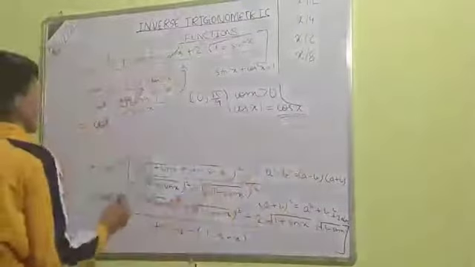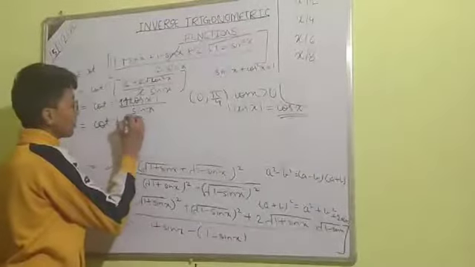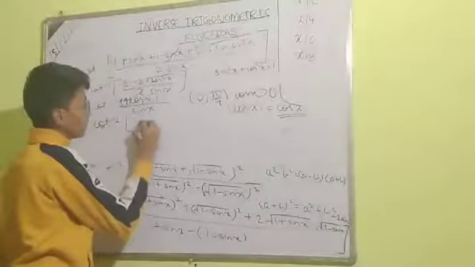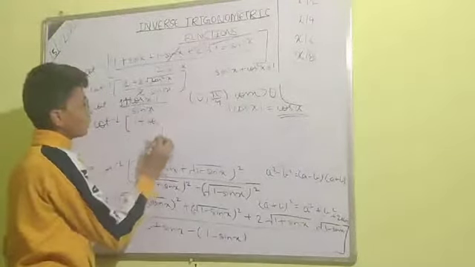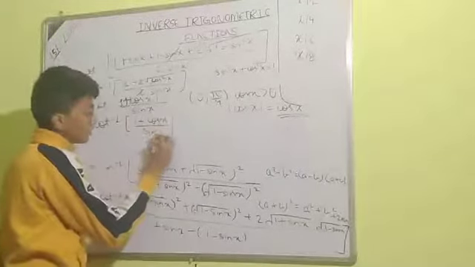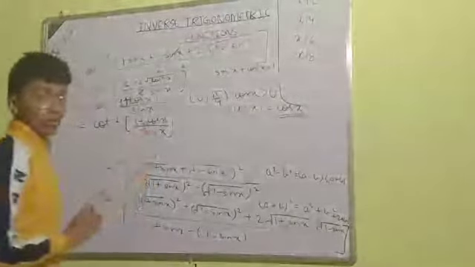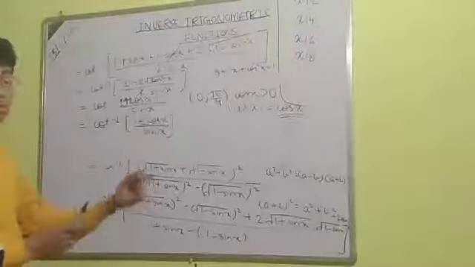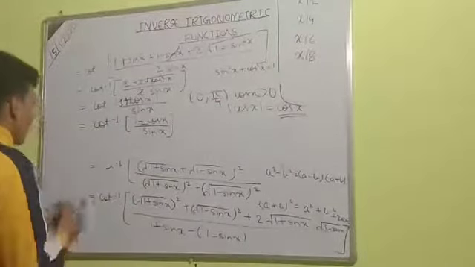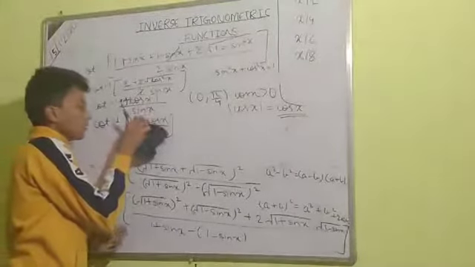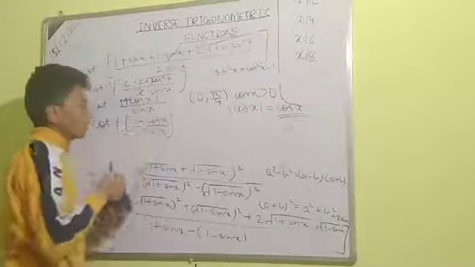So now we can write cot inverse 1 plus cos x upon sin x. If we were not given that condition, it would be 1 plus minus cos x, that is we have to do 2 times that, but as we are given that, so minus will be cancelled.